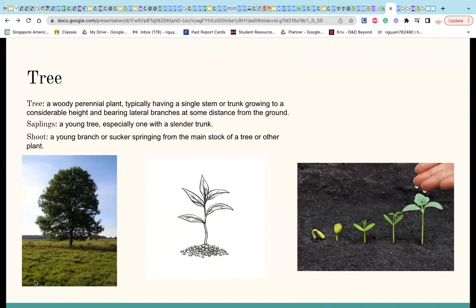We have trees, which is what you guys probably know and probably think about when you think about trees. But here we go.